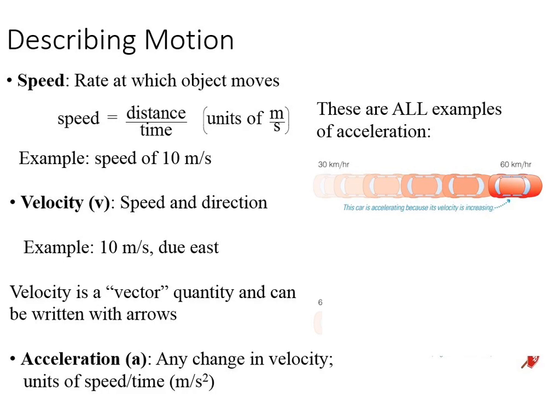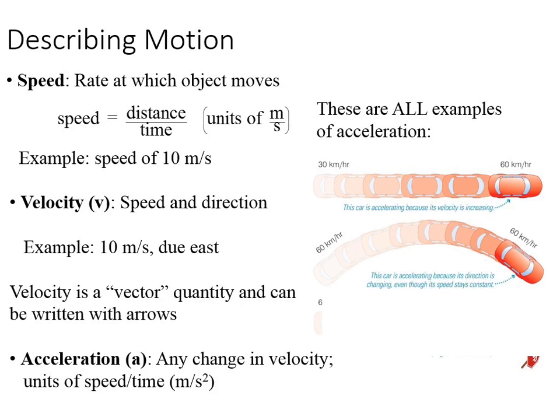Going straight, starting at 30 kilometers per hour and ending at 60 kilometers per hour, the acceleration is 60 minus 30, or 30 kilometers per hour. That was the acceleration. This is also acceleration. You maintain the whole 60 kilometers per hour, but you change your direction. That's also acceleration.